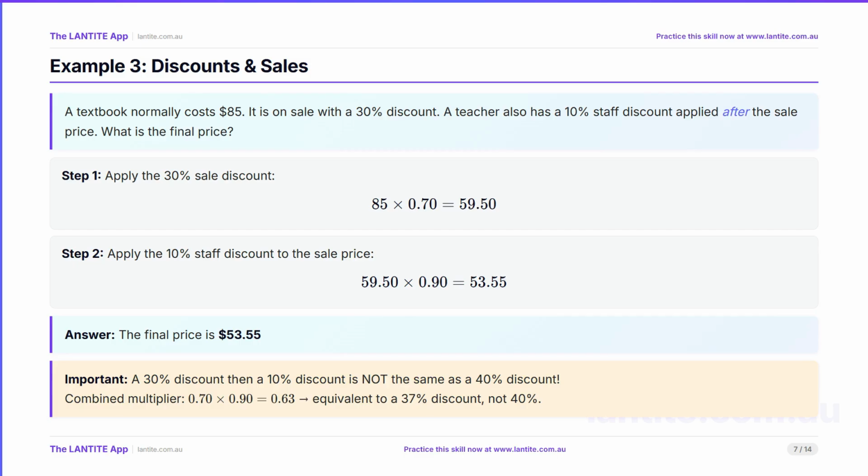Then, a 10% staff discount is applied to that sale price. 59.50 times 0.90 gives $53.55. The key insight is that stacking a 30% and a 10% discount does not give a 40% discount. The combined multiplier is 0.70 times 0.90, which is 0.63, equivalent to only a 37% discount.